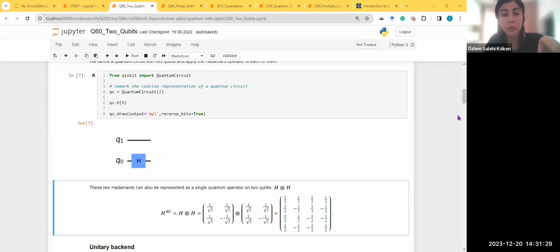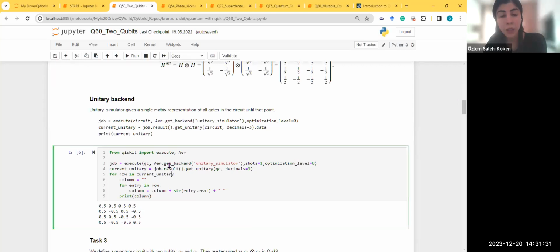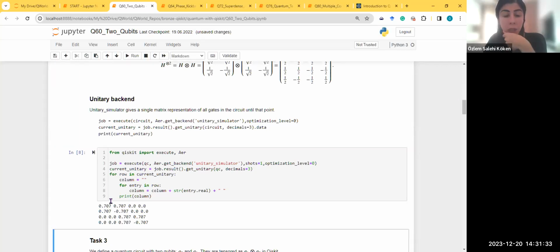Therefore, if you check with the unitary backend, the resulting matrix will be identity tensor Hadamard. And you can see this here. Since identity is 1001, in this block you see exactly Hadamard. In this block you see a 0. In this block you see a 0. And in this block you see again Hadamard.